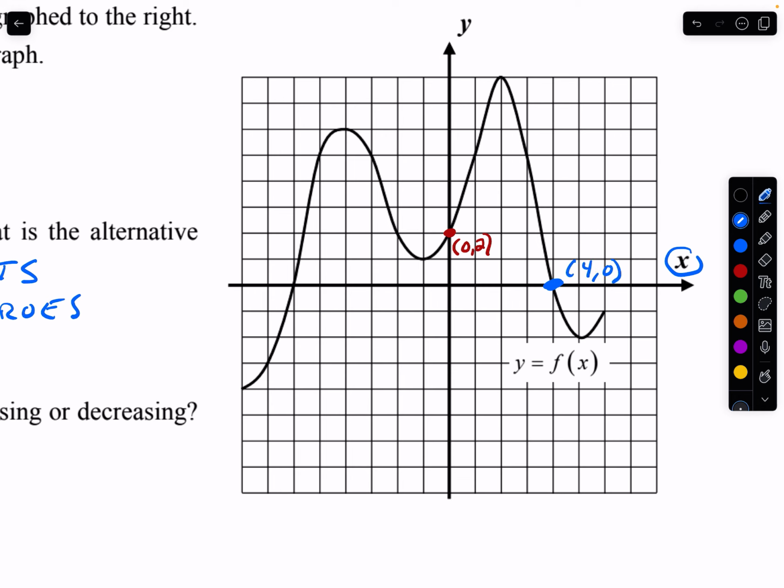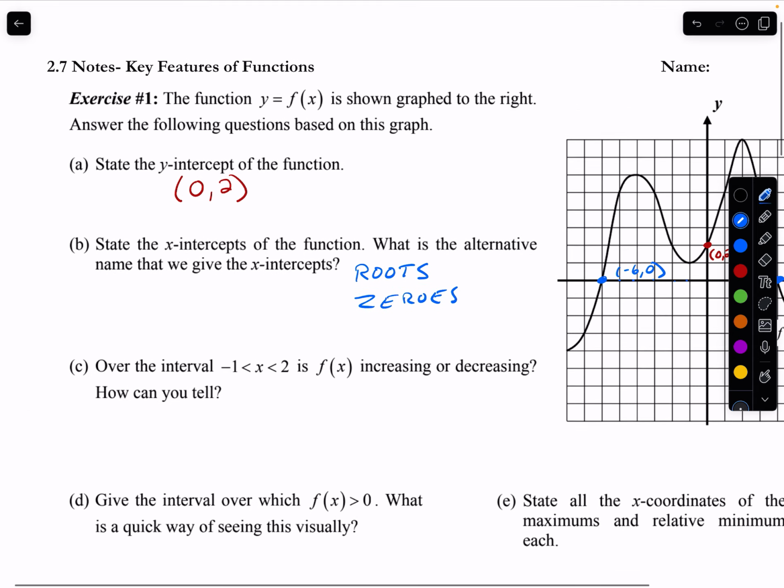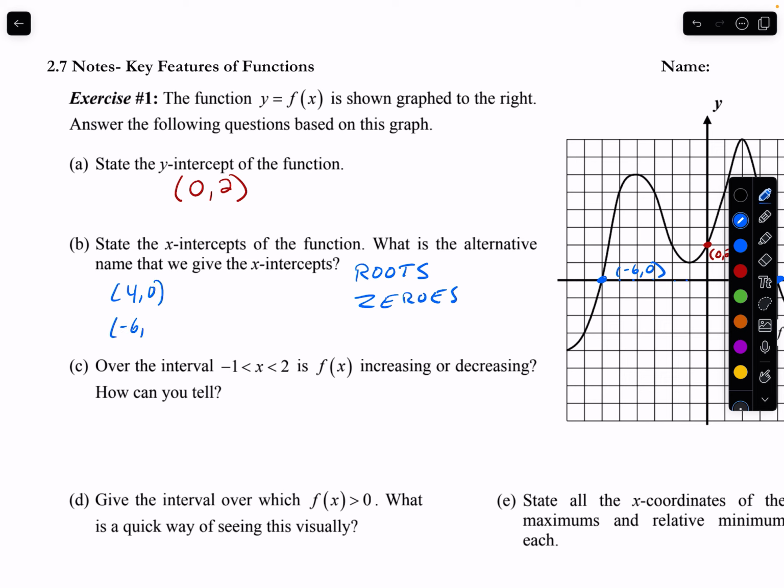You can see the y value is 0. And this is negative 1, 2, 3, 4, 5, 6, the point (-6, 0). You want to get into a good habit of writing these as ordered pairs: (4, 0) and (-6, 0). You can see that the x-intercepts are where the y value is 0.